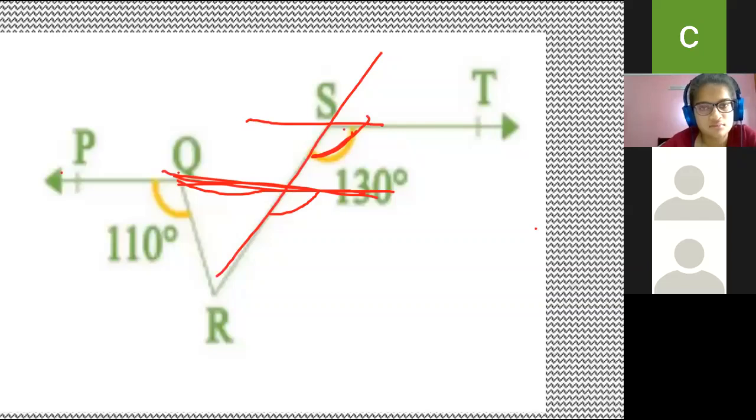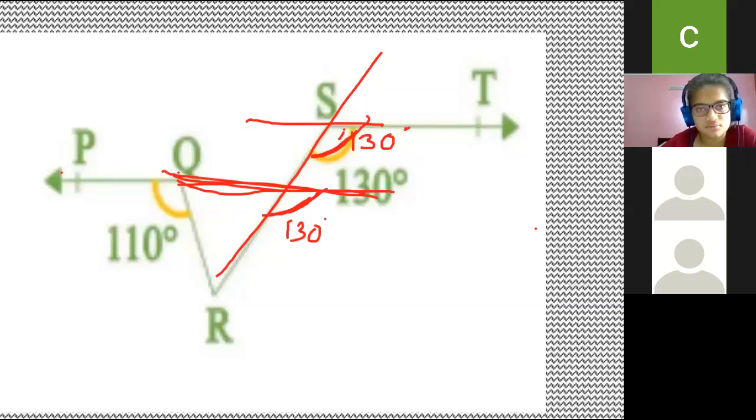So these two angles are called corresponding angles. When the lines are parallel, the corresponding angles are equal. Since the value of this angle is 130 degrees, the angle formed here is also 130 degrees. Is it clear, dear? Yes, ma'am.